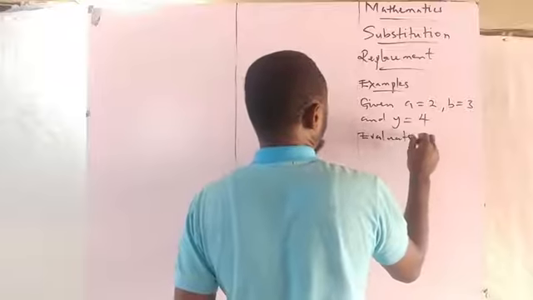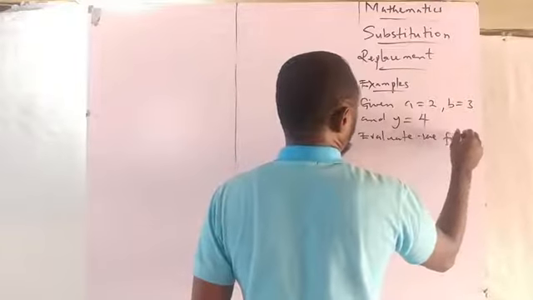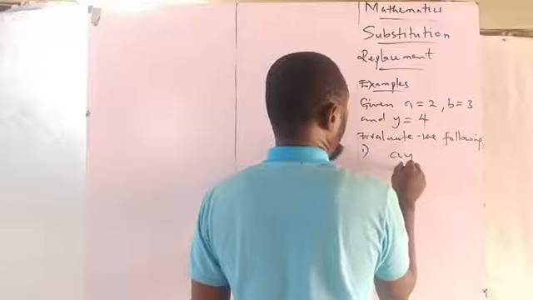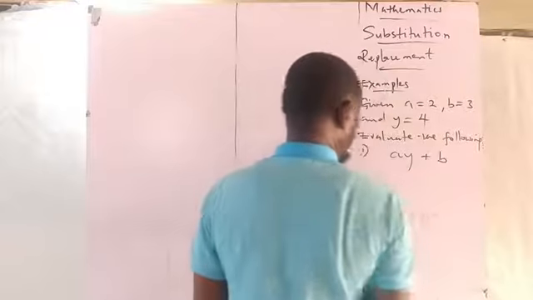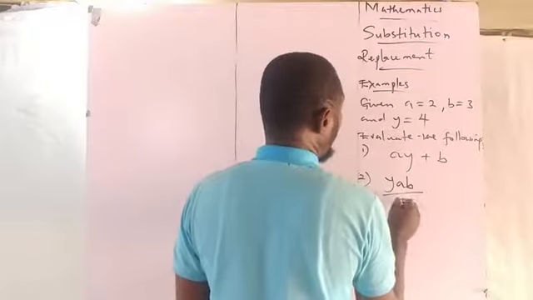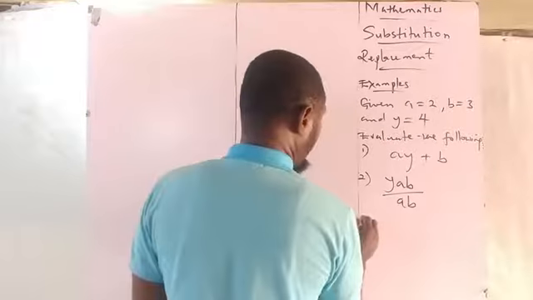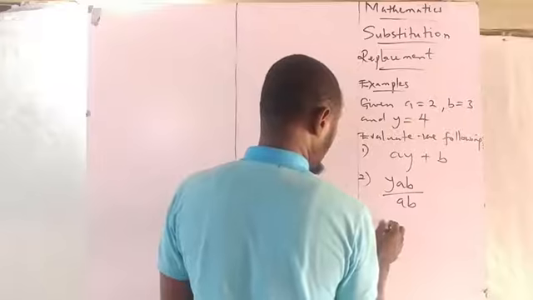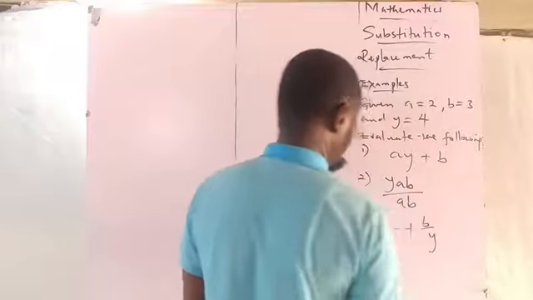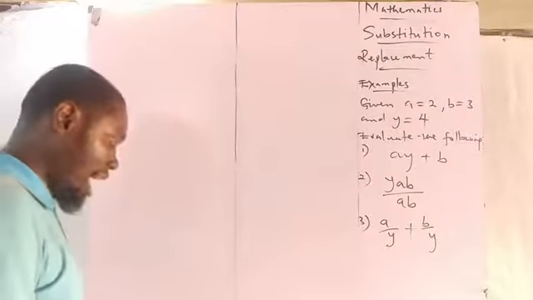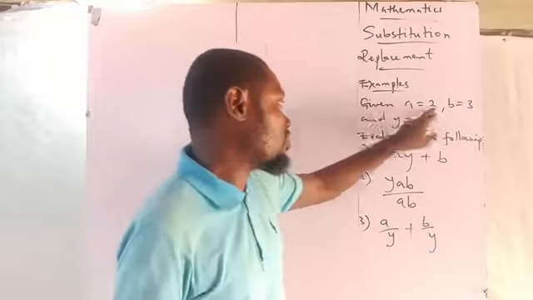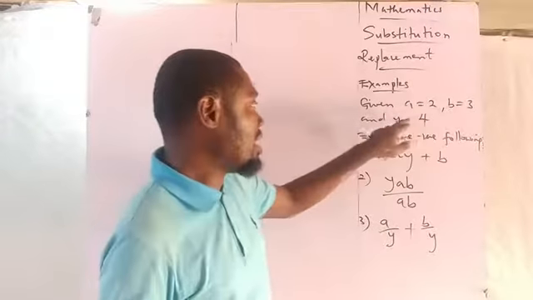Evaluate the following: 1, AY plus B; 2, YAB all over AB; 3, A over Y plus B over Y. They have already given us the respective values of the letters: A is 2, B is 3, Y is 4.